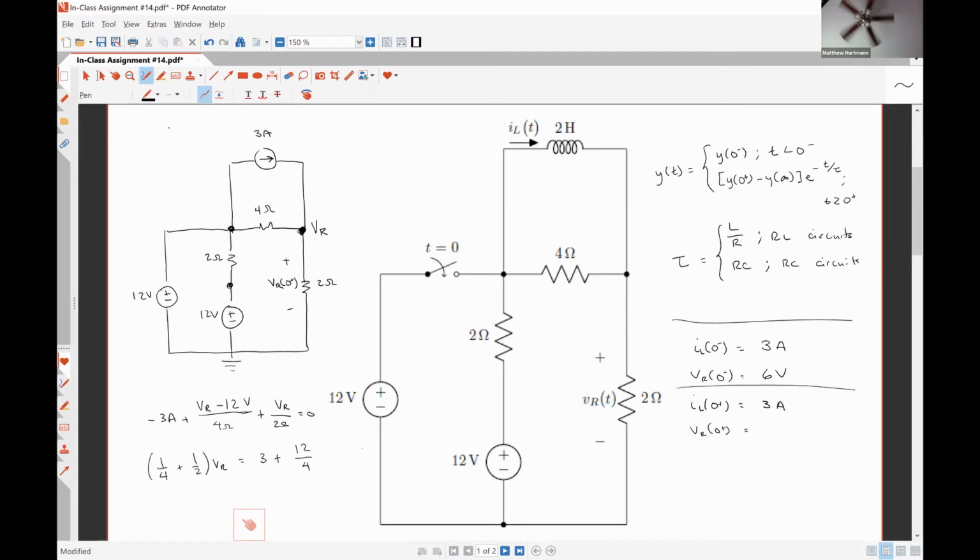So 0.75 VR equals 3 plus 3, which is 6. So VR looks like it's 8 volts now. Did anyone else get a similar result? Yes, sir. All righty.